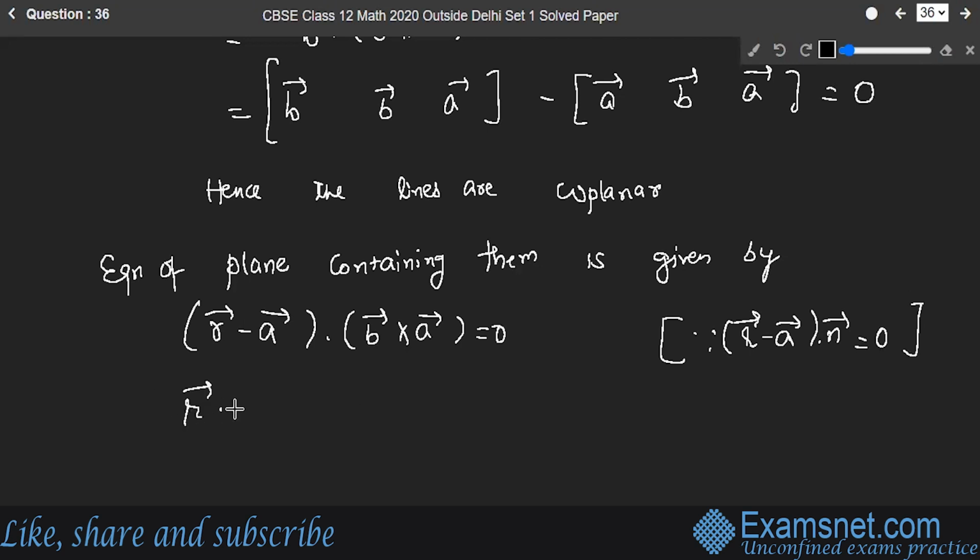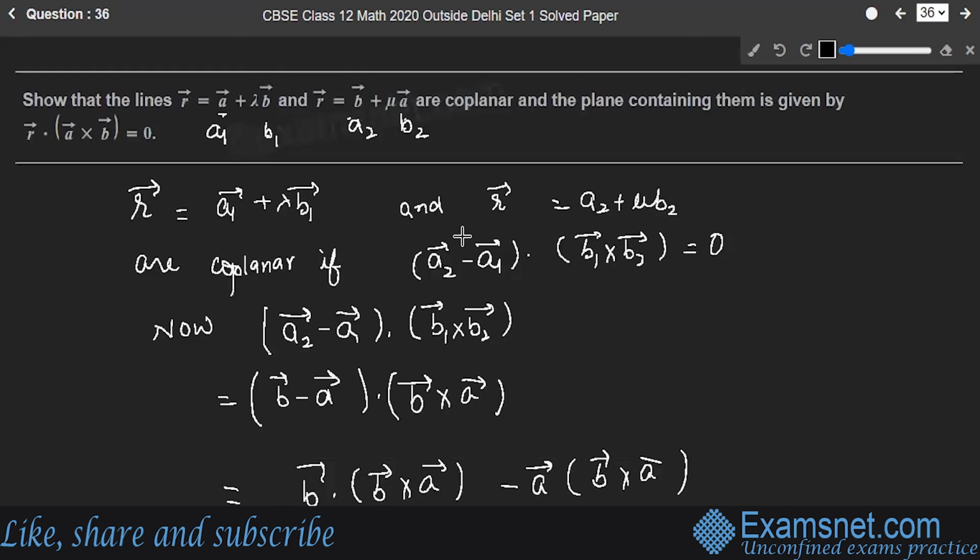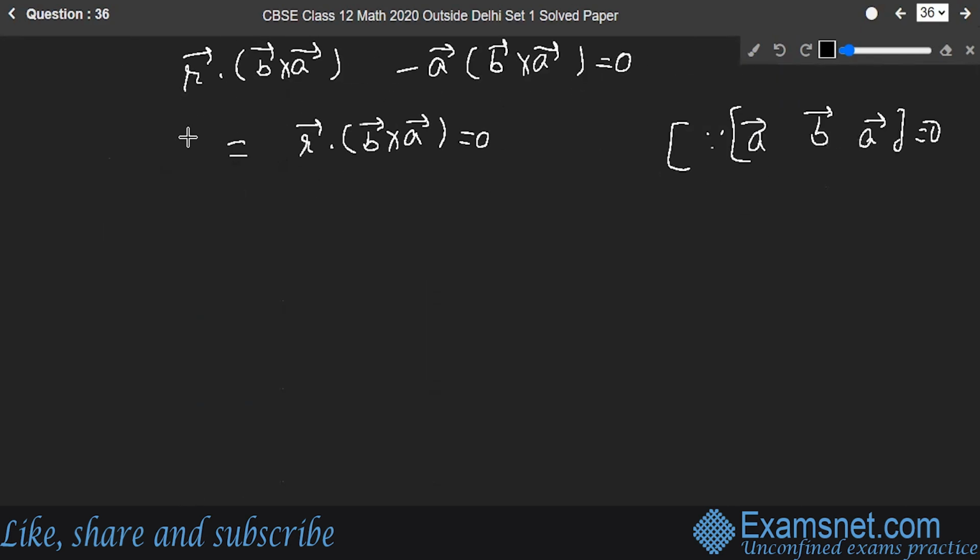This makes R vector dot B cross A minus A dot B cross A is equal to 0, which gives you R dot B cross A is equal to 0, because A B A was already equal to 0 from here. Okay, so that's it. This is what we needed to prove.